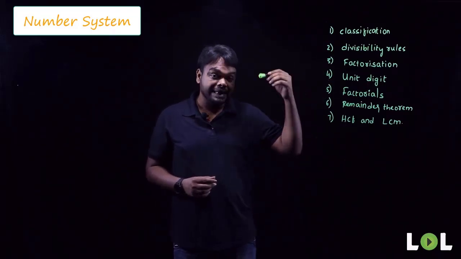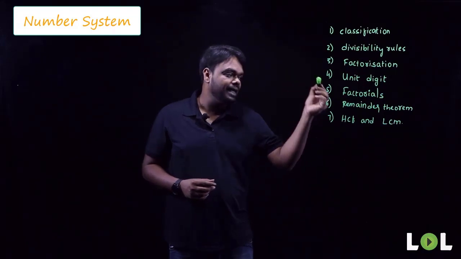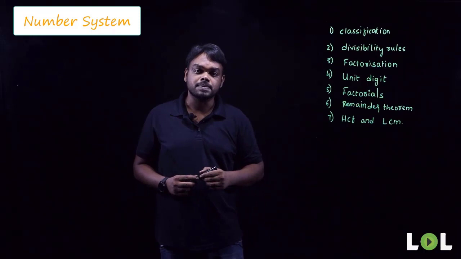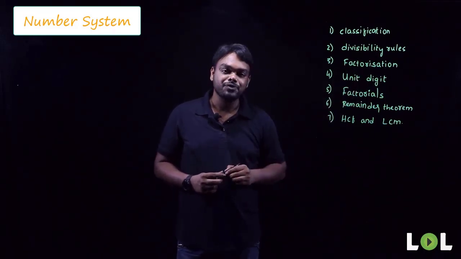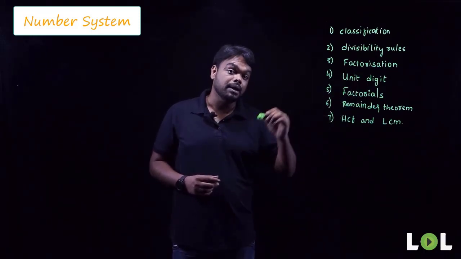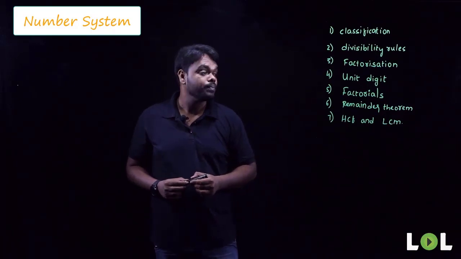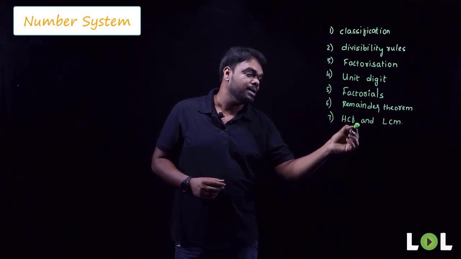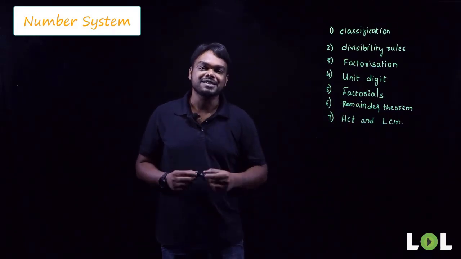Factorization will be again useful for us when we are dealing with HCF and LCM also. And then a few high-level concepts like unit digit, factorials, under which we'll be learning trailing zeros, and finally we'll be doing remainder theorem and the most important one, HCF and LCM.